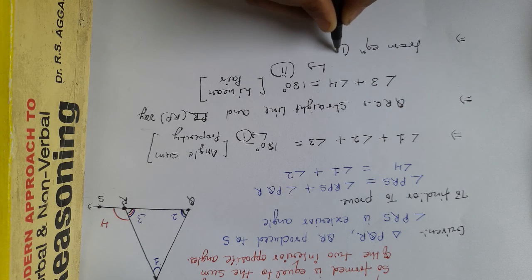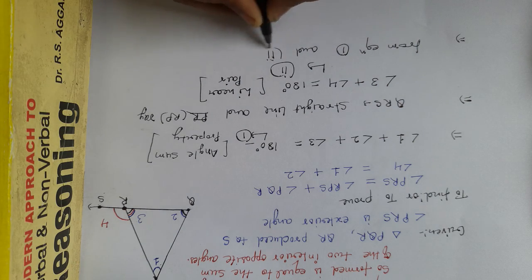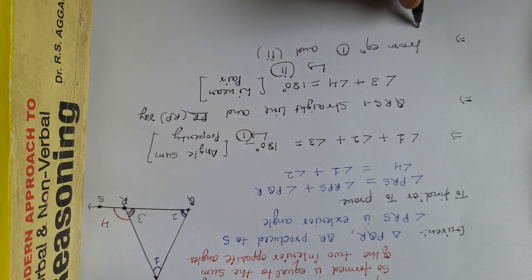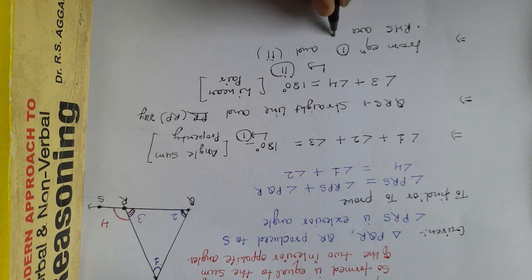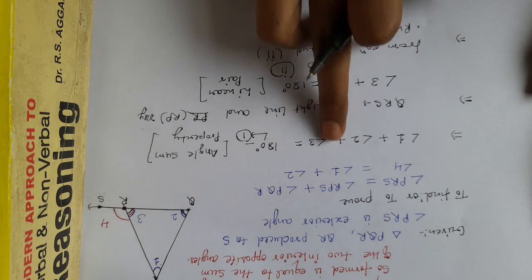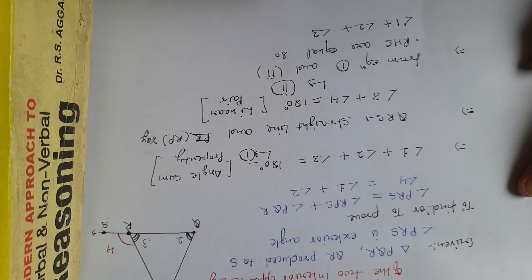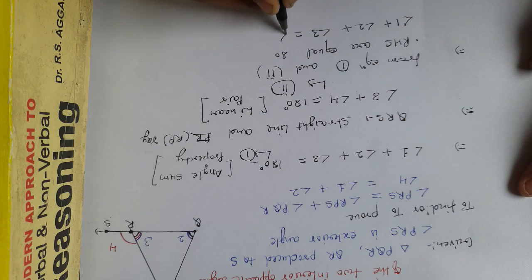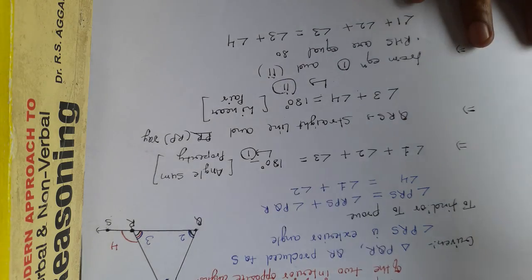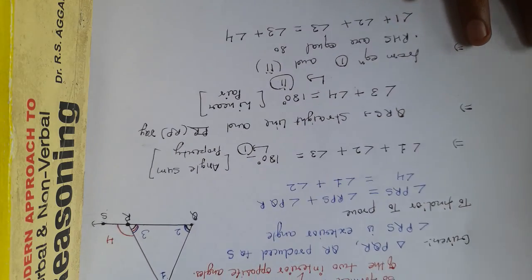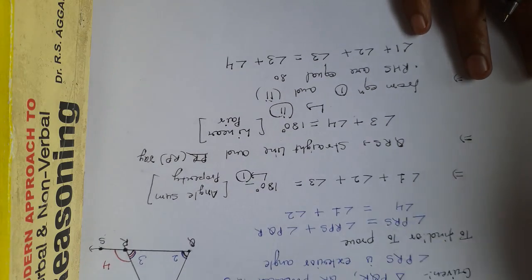From equations 1 and 2, what you get here: if the right hand sides are equal, then the left hand sides are also equal. So angle 1 plus angle 2 plus angle 3 is equal to angle 3 plus angle 4. You understand? If the right hand side is equal, the left hand side is also equal.